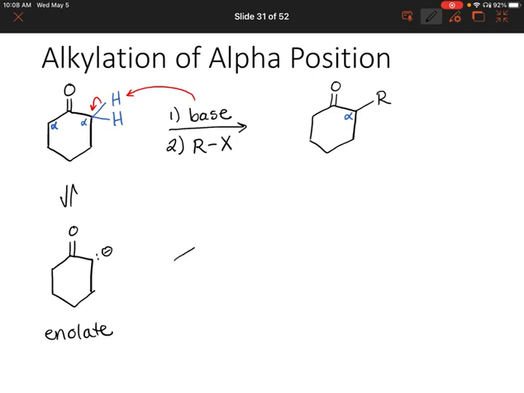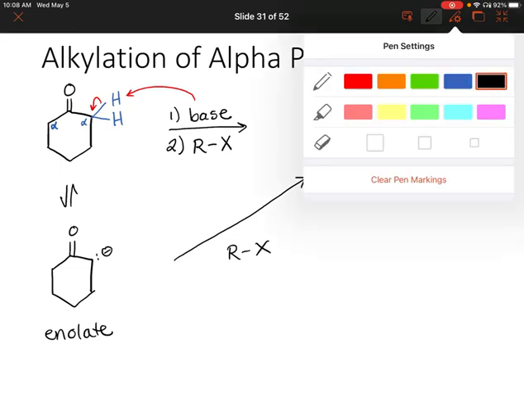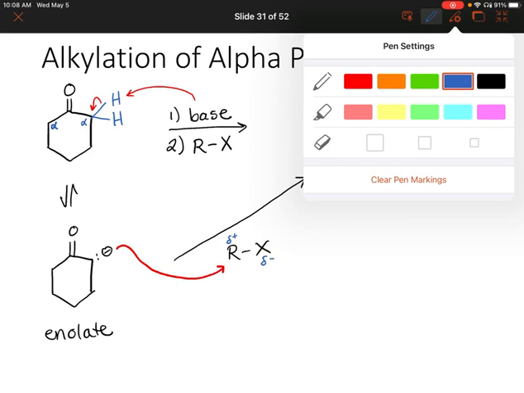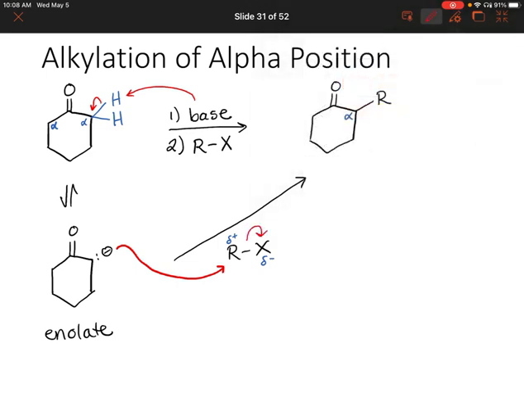And then in the next step, that enolate will act as a nucleophile and attack the R group on our alkyl halide, which is partially positively charged, because remember, the halogen is electronegative, so it's partially negative, which makes the alkyl group partially positive. And then electrons will be left behind on the halogen.